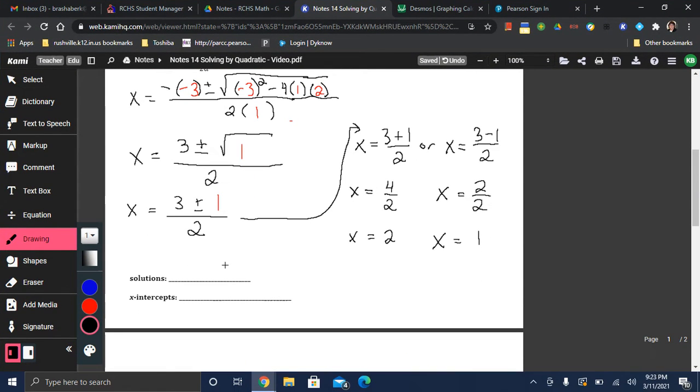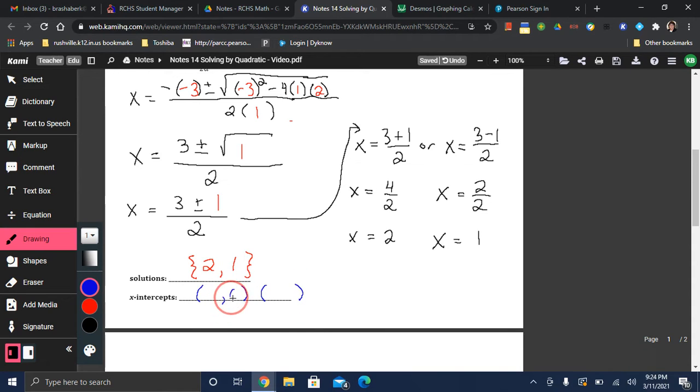And remember that we write the solutions in a solution set, so the order does not matter. 2 and 1 are the two solutions, and then we use those solutions to write the x-intercepts. If we were to graph this, we would have two x-intercepts.